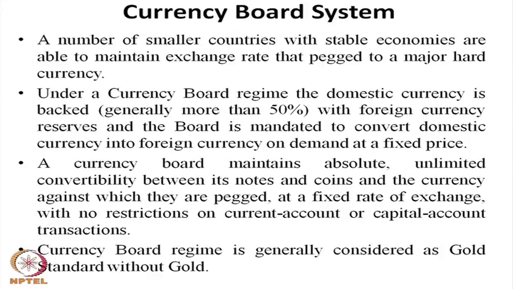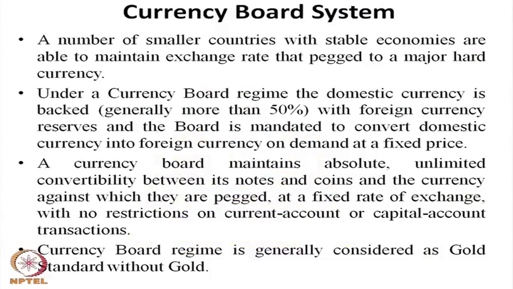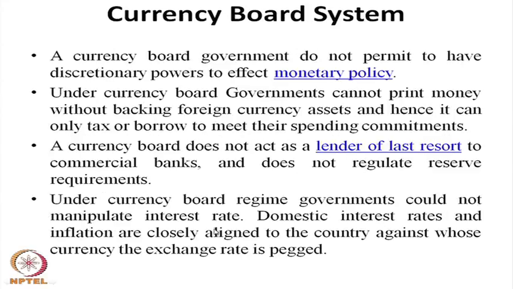There is no restriction on the movement of foreign currency, either as inflow or outflow. Similarly, in the gold standard there is no restriction on the movement of gold from one country to another. Here also, in the currency board, there is no restriction on the movement of foreign currency from the country to any other country. Let us come to the currency board system. What are the advantages?